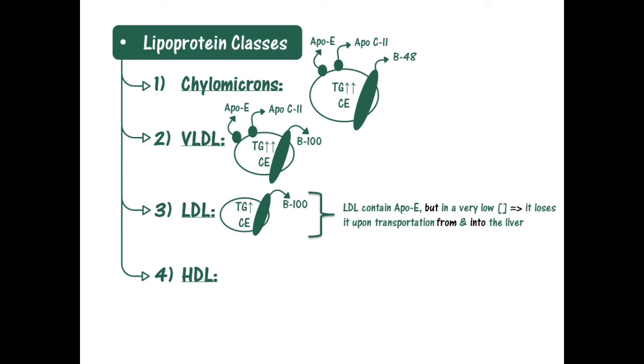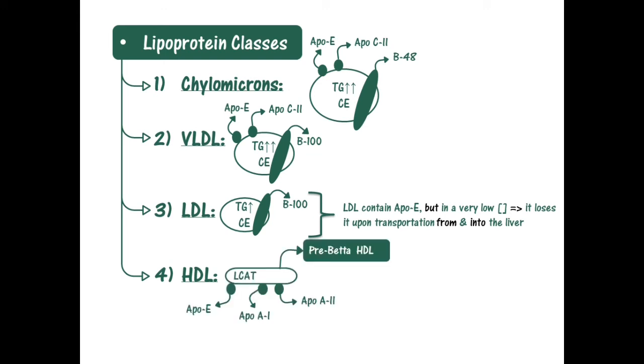This kind of lipoprotein is the healthiest one, and LDL is the bad one. The HDL contains a high concentration of esterified cholesterol and a low amount of triglyceride. The HDL is also known as the good cholesterol, and LDL is known as the bad cholesterol. Why is that? Because the HDL is responsible for taking cholesterol from the peripheral tissues and storing it inside the liver.